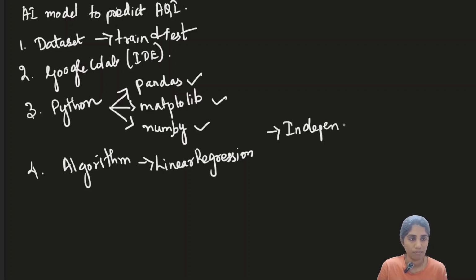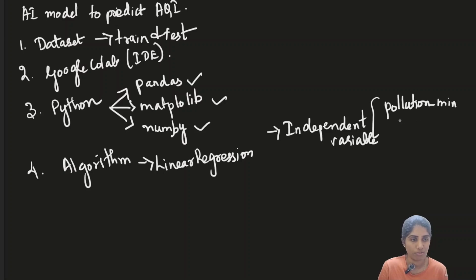The independent variable is my input, so my input tells about the pollution. Pollution data has minimum and maximum values. This is going to be my independent variable, and what I'm going to predict is the AQI, the air quality index.